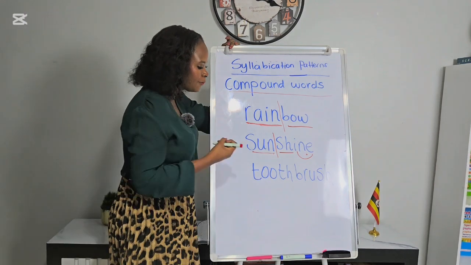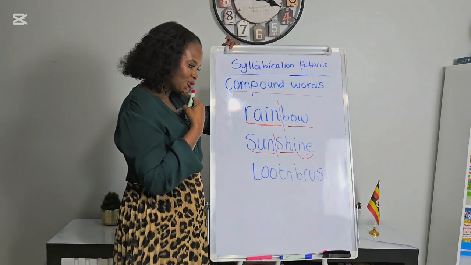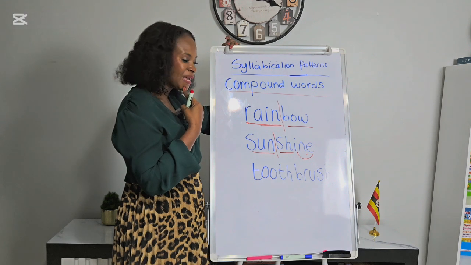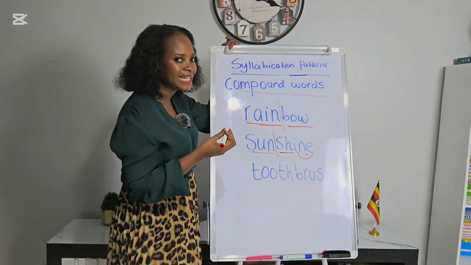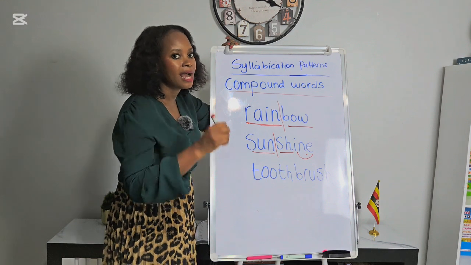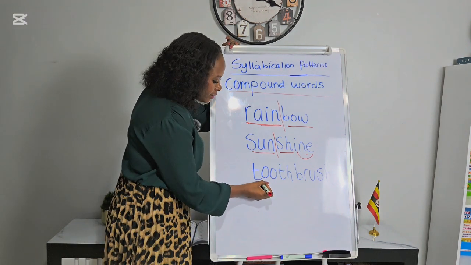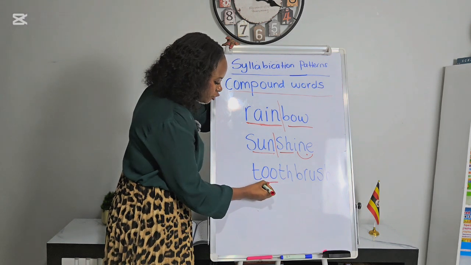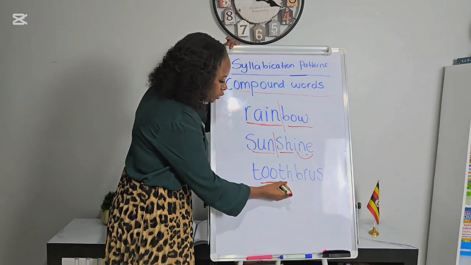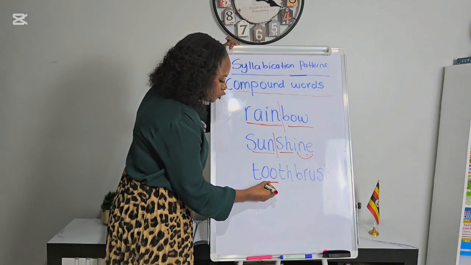Amazing. Let's move to the next word. Quite long. What can I do? I am going to use the strategy of blending sound by sound until I reach a point where a word makes sense to me. Let's go. Join. To. TH makes the sound. Let me join.